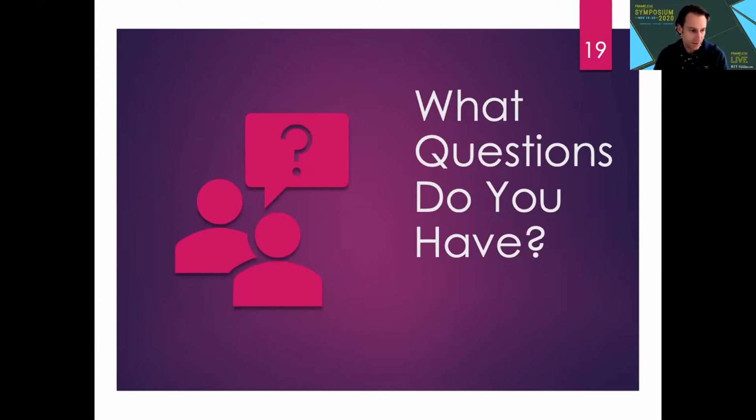I see another question in the chat, in the Q&A box. Yeah, so the question is about whether we're going to use the Quest 2. We had already started the development of the new task with the original Quest before the Quest 2 was released.